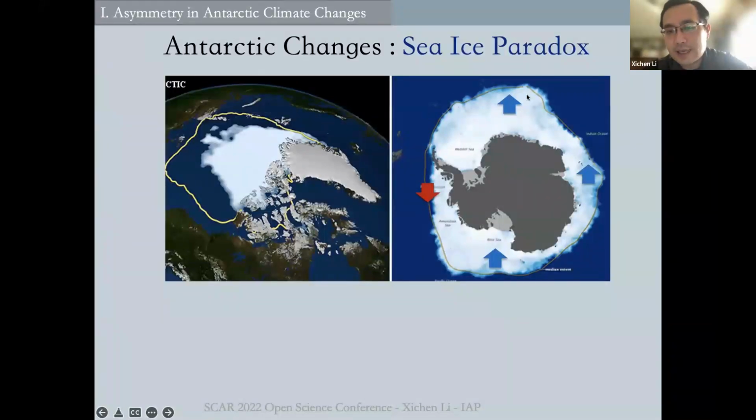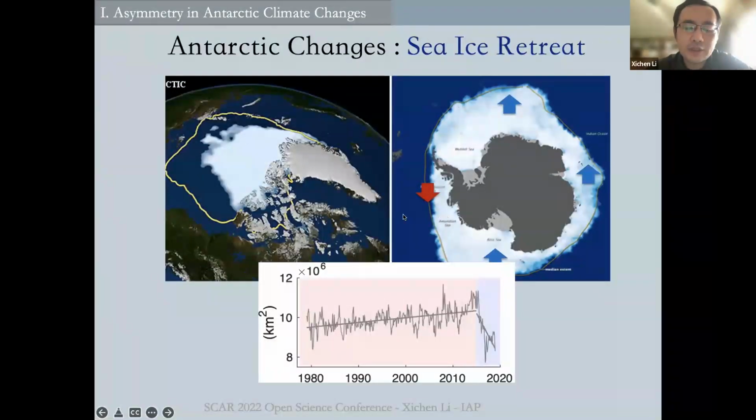But the Antarctic sea ice, before 2015, increased a little bit. It's considered the Antarctic sea ice paradox. Only some areas around West Antarctica, the Amundsen Sea, the Bellingshausen Sea, and the Weddell Sea, show some sea ice loss. But after 2015, the Antarctic sea ice experienced a sudden sea ice loss.